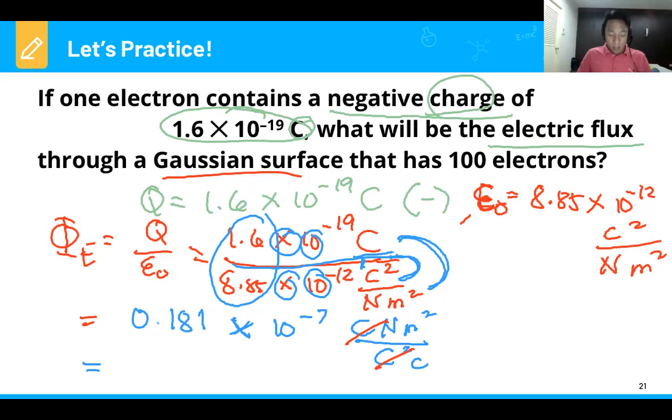Now let us simplify this one. 0.181 by 10 raised to negative 7, we can write this one as 1.81 by 10 raised to negative 6. Okay, konting review. Nag-move ako pa-right. Kapag nagpa-right tayo, what we will do, plus or minus?